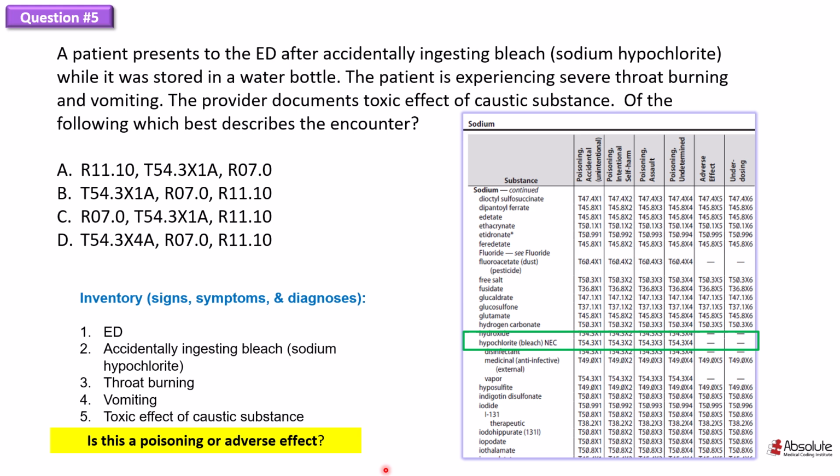But often you may not be looking up your code in the index. No, because when you're testing, we tell you to go straight to the tabular list. So let's assume that we went to the tabular list.